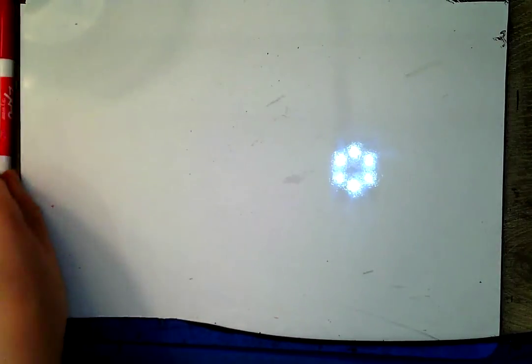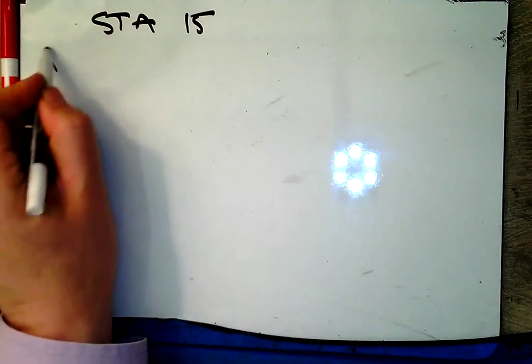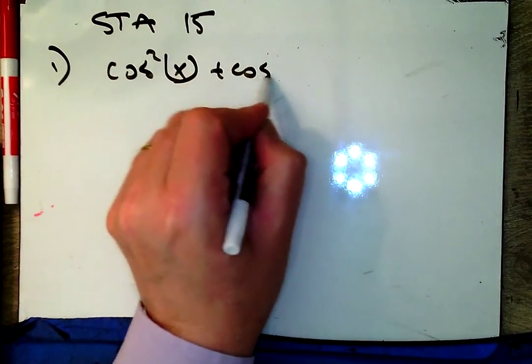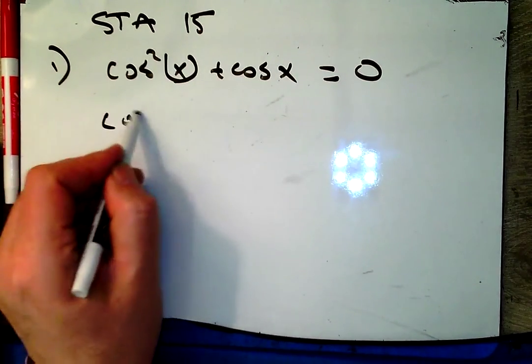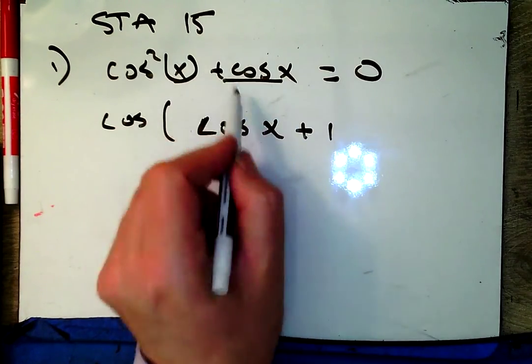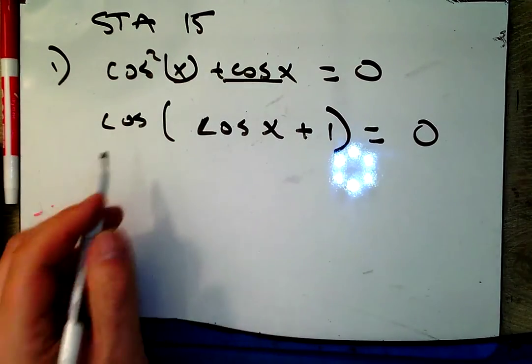Okay, we've got cosine squared for station 15. Problem number 1, cosine squared plus cosine equals 0. Now, in this case, yes, I do GCF factor. Don't forget that cosine divided by cosine is 1, not 0.